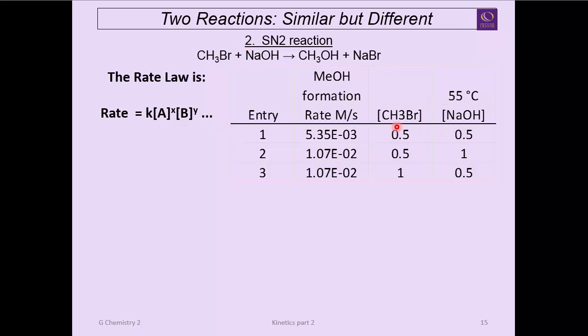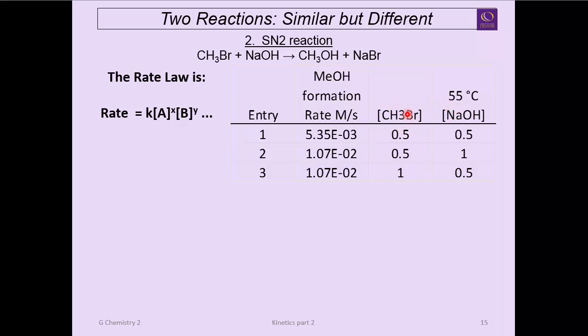We'll start where we hold the methyl bromide constant and increase the amount of sodium hydroxide. Now it does seem to change the rate. And then in this reaction, we're going to hold sodium hydroxide constant and change the methyl bromide, and it also changes the rate. So just quickly looking at this data, we know that both of these influence the rate.